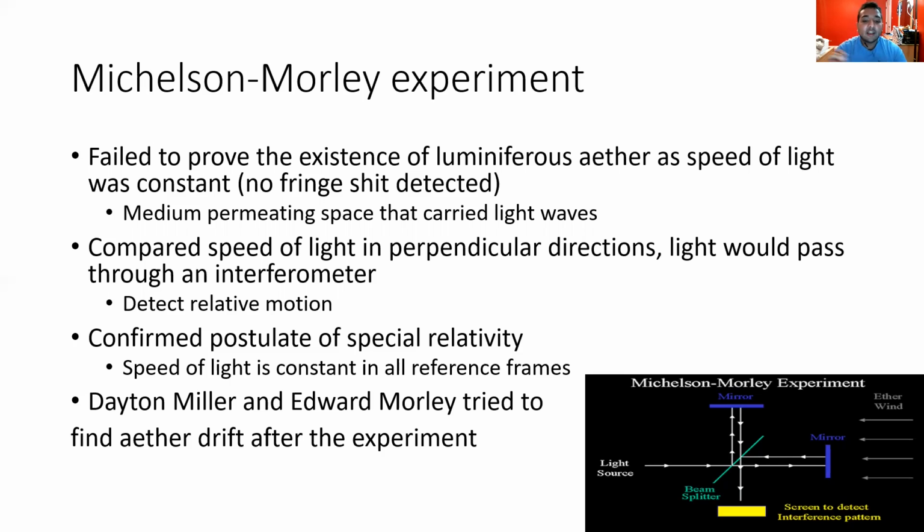And actually, Edward Morley, the namesake of the Morley aspect of this experiment, was so upset with this experiment. He and Dayton Miller tried to find aether drift after the experiment, and they kept trying to find this. You might think this is crazy, but you have to understand that this was kind of like saying to the scientific community that the color red is actually blue.